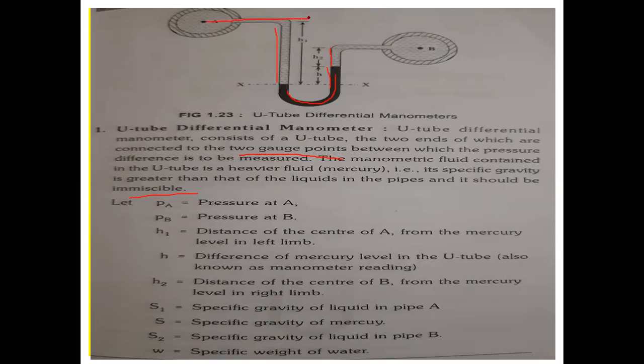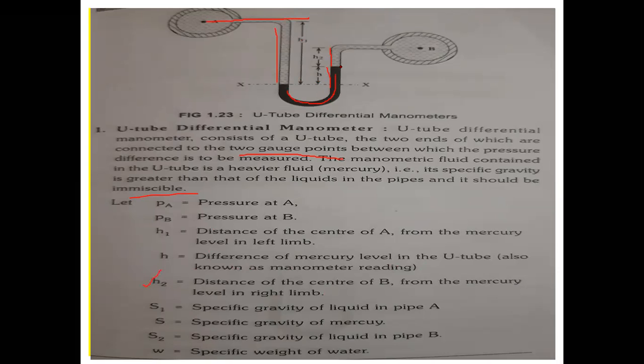Then H is the difference of mercury level in the U-tube, known as the manometric reading. So what is H here? The difference in the mercury level.